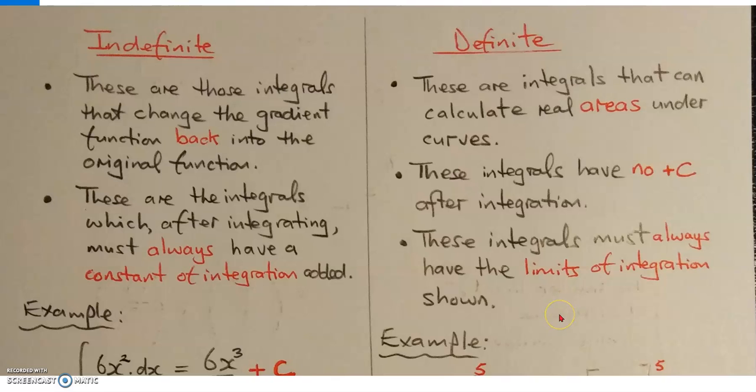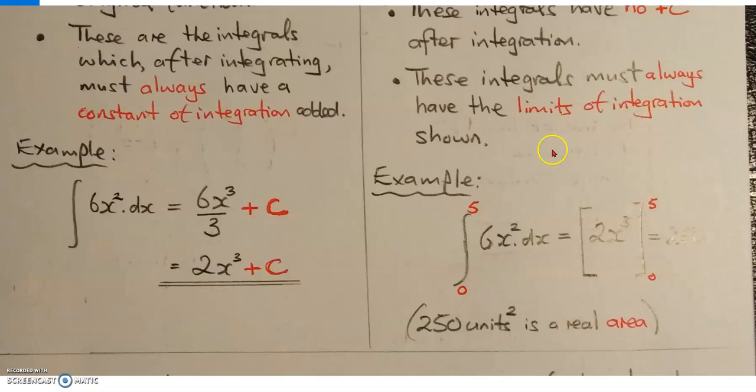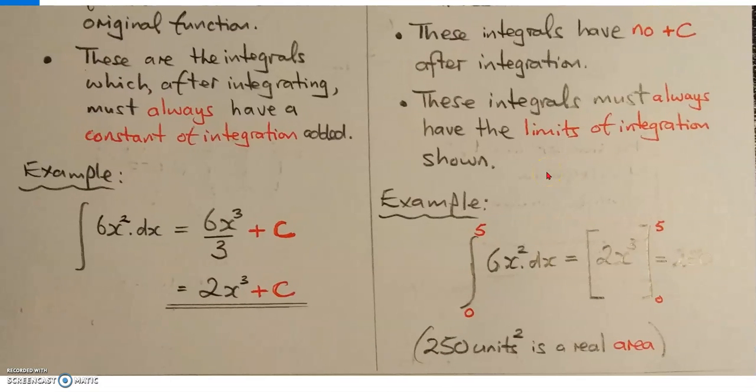I'm going to show you one now, though I'm not going to explain it completely because I'll go into detail in a minute. This is what they look like. These two things here, the 0 and 5 at the top and bottom of the integral sign, are called the limits of integration.